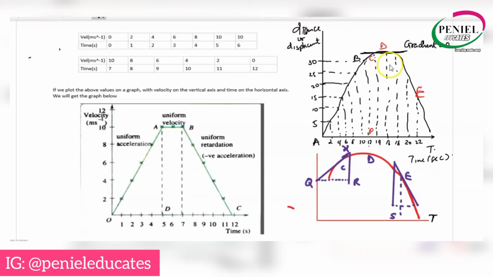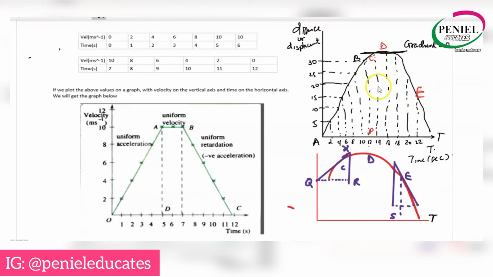So the speed or the velocity between C and this particular place, they are no more uniform. They are no more uniform but variable, because you have the body decelerating, and as it decelerates, the time interval changes.